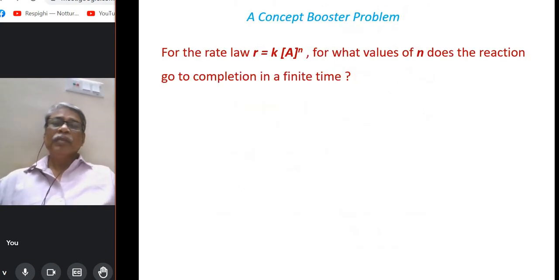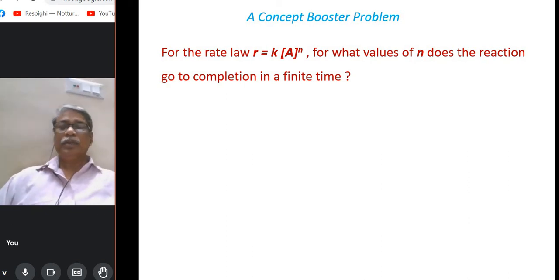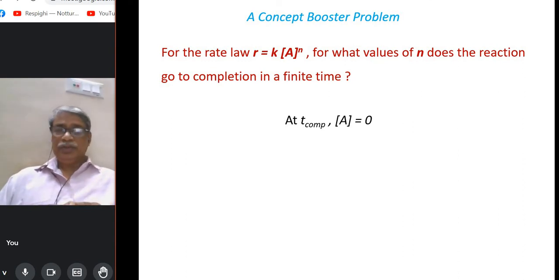Now let us start with a concept booster problem. The question looks like this: for the rate law r equal to K A to the power n, that means a general nth order reaction, for what values of n does the reaction go to completion in a finite time? Completion, we know the meaning: the time taken for the reaction for which the reactant concentration A or At becomes 0.